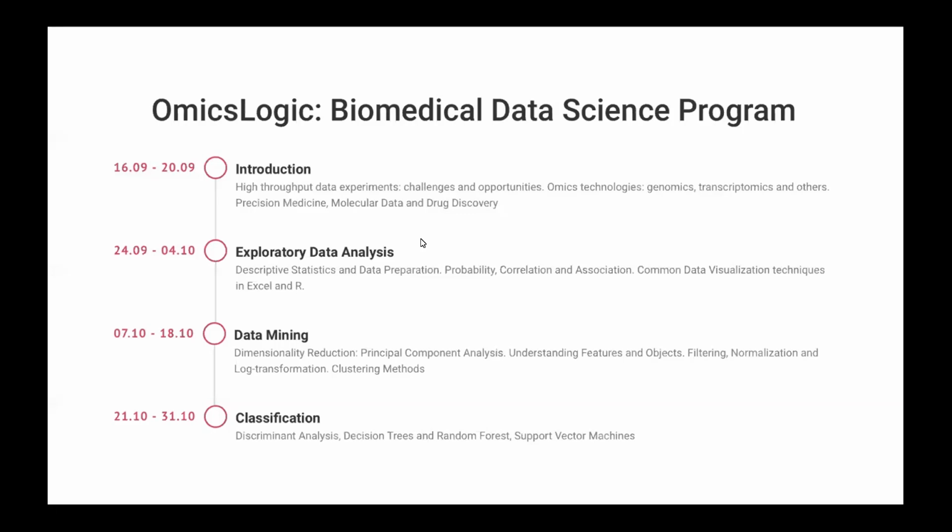And then once that processing step is done, you also have to play around with the data to prepare it for the type of analysis that you will be doing, because these different analysis techniques have assumptions about the data distribution and other properties that we'll learn how to identify by looking at our data from the standpoint of visualization and statistical analysis. So we'll talk about probability, correlation, association, and some common data visualization techniques that are typically used for exploratory data analysis.